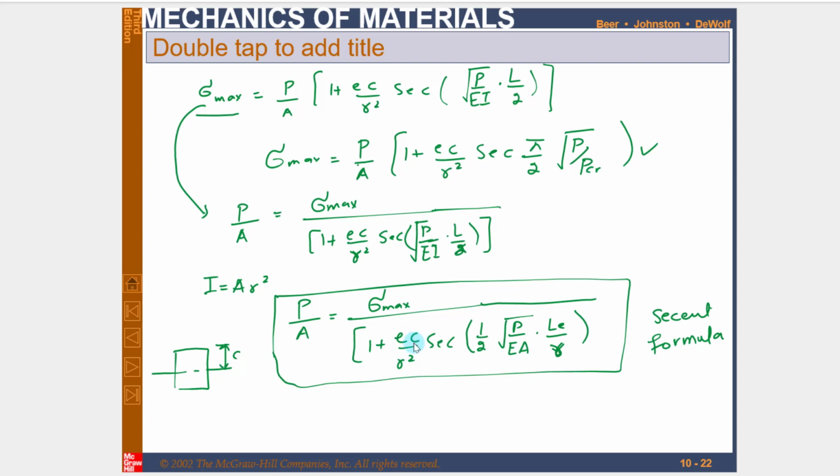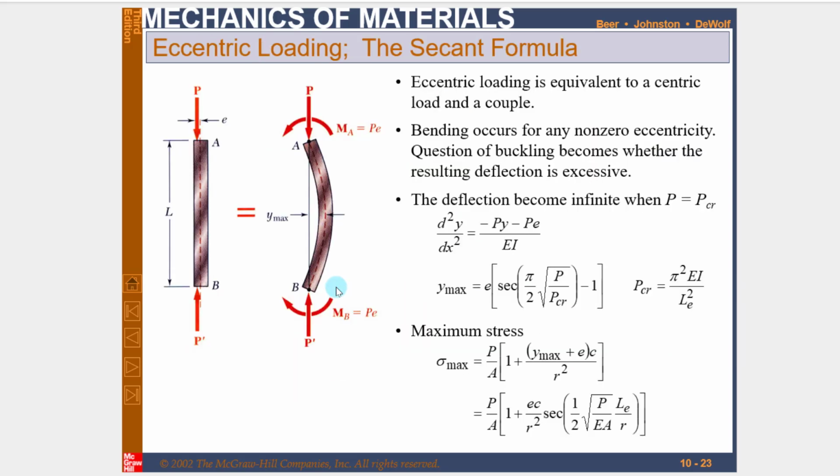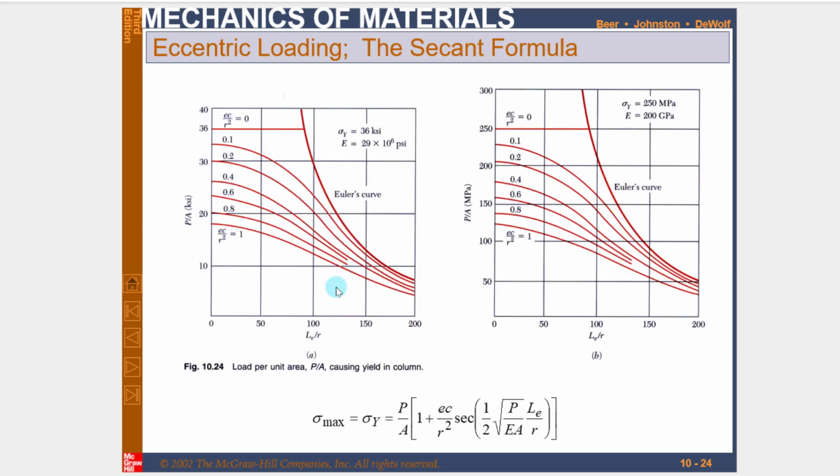So P by A appears in both members, so it is necessary to solve a transcendental equation by trial and error method to obtain the value of P by A. So this equation P by A is again used with the slenderness ratio, and we get a different curve that will be shown to you in the next slides.